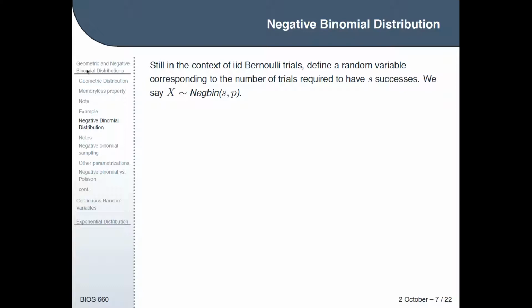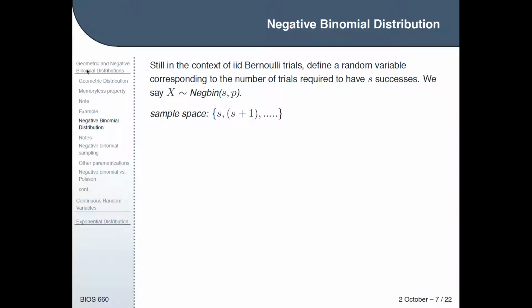But the difference is, for the geometric distribution, you kept going till you got one success, one heads, as it were. The negative binomial distribution is you keep going until you get S successes. Say you stop once you get your third head rather than getting the first head.